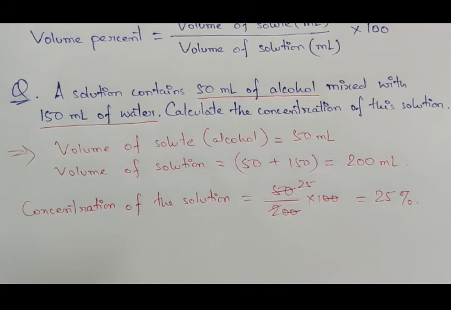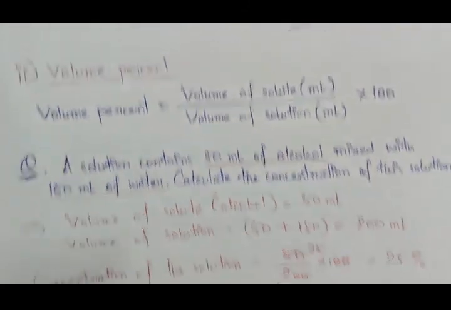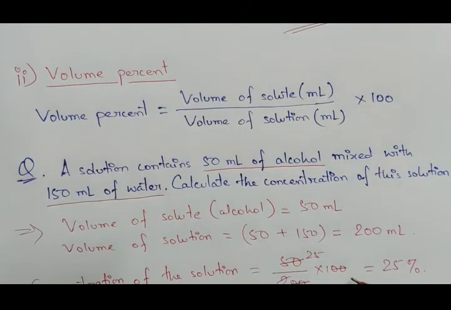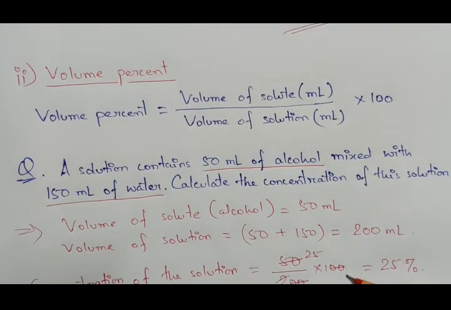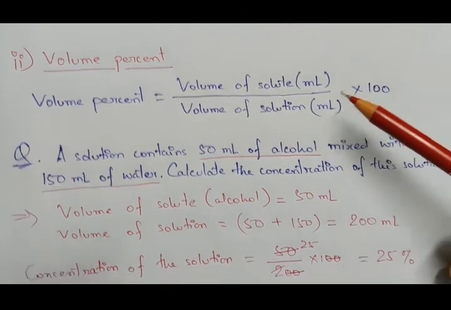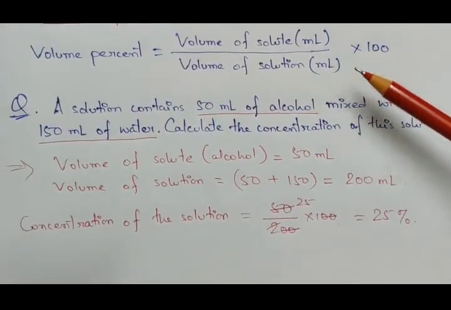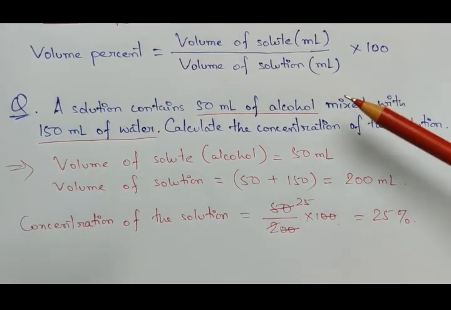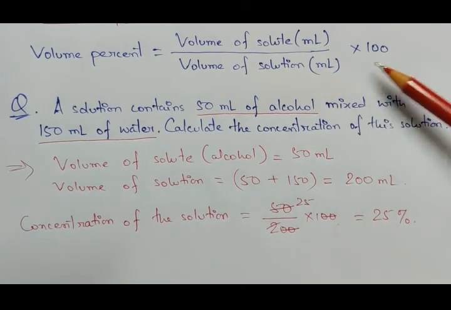Okay, this type of numericals, they carry 2 marks, and in that case you have to write the formula first and then you have to put the values. As I have mentioned just above the question, I have not written it here.